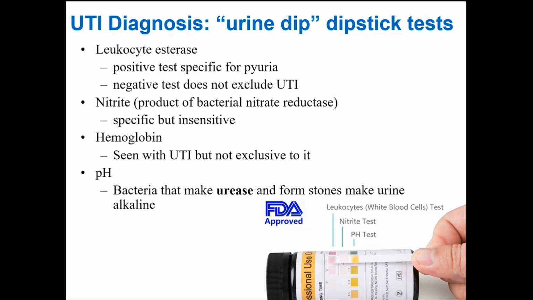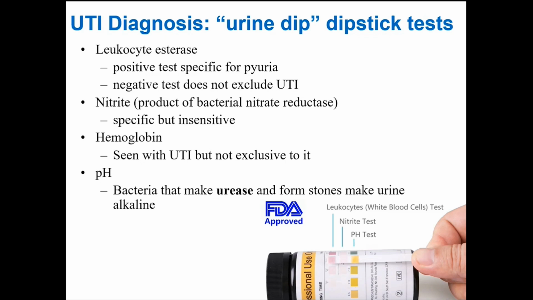So the leukocyte esterase, when positive, is a test really specific for pyuria, or the presence of an immune response in the bladder. That's certainly consistent with UTI. A negative test, notably, doesn't absolutely exclude a UTI, but a positive test can certainly tilt you that direction.